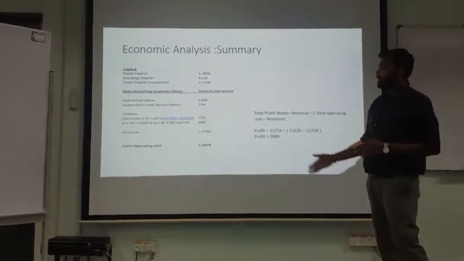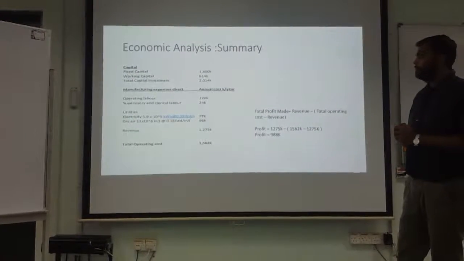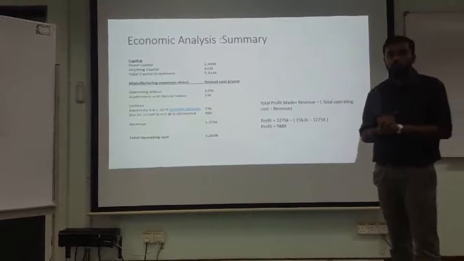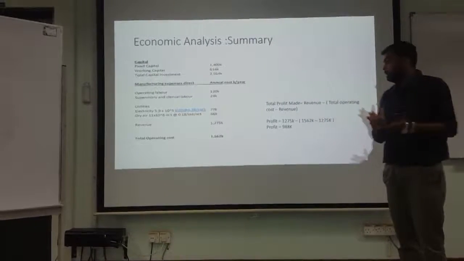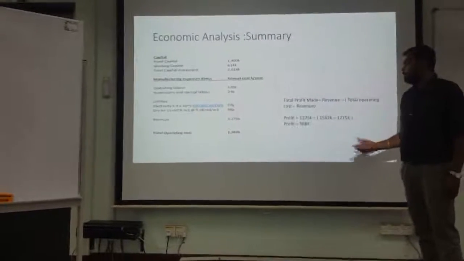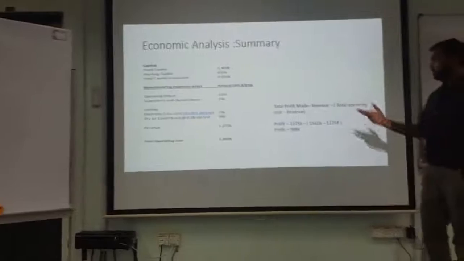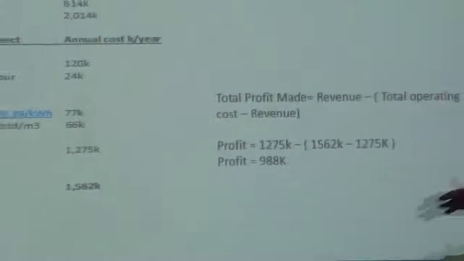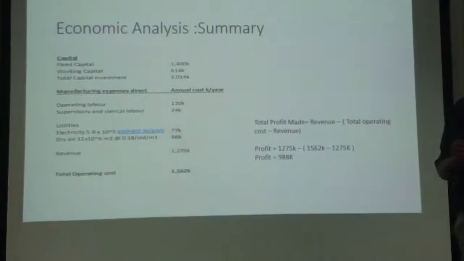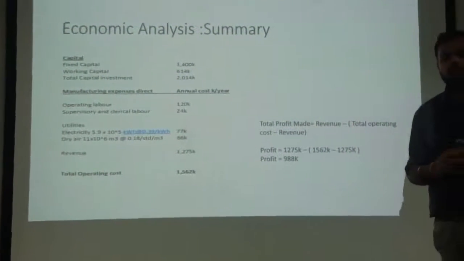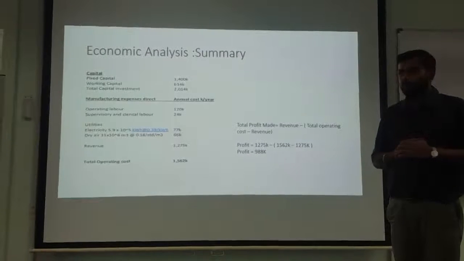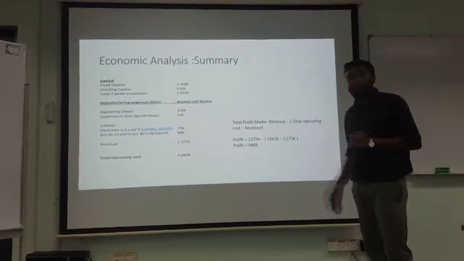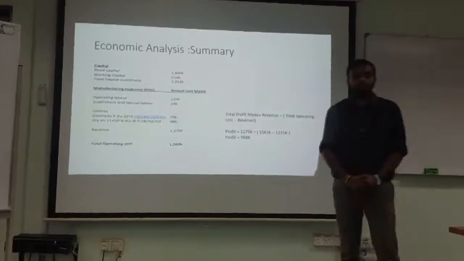This entire economic analysis summary defines how much it takes to produce an air stripping column. In conclusion, the total profit made by this particular air stripping column company will be 988,000 in Malaysian ringgit. This is the survey that we have done, and it is very feasible. Thank you.